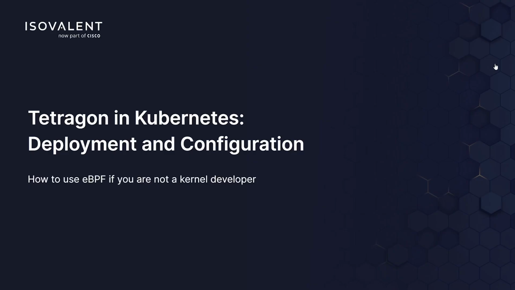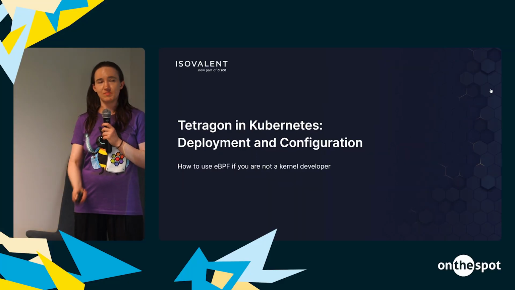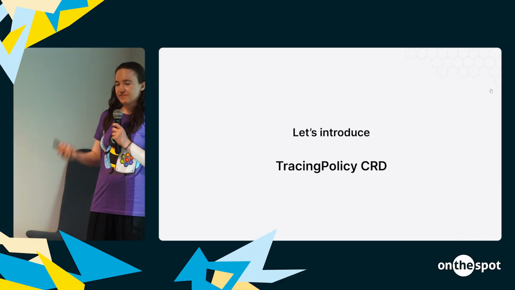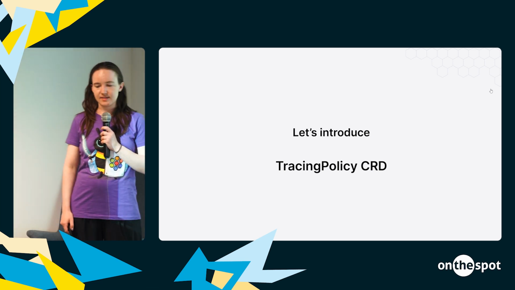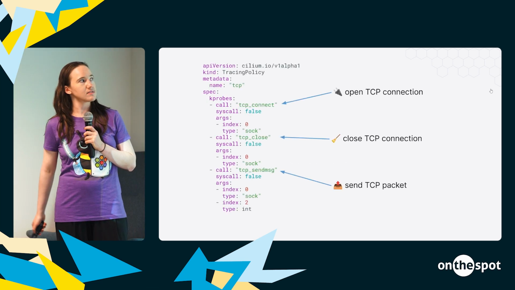Okay, so now I wanted to show a little bit of Tetragon configuration and internals, how Tetragon is configured in Kubernetes, so how you can use it when you are not a kernel developer. Tetragon in Kubernetes is configured via a tracing policy custom resource, which looks like this.